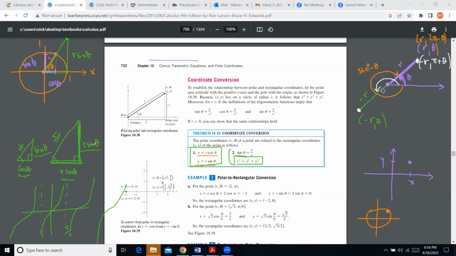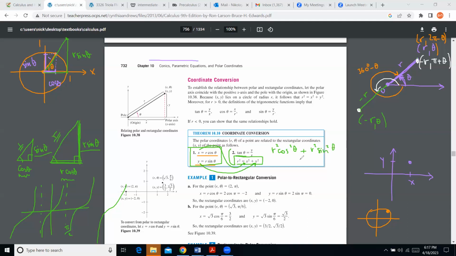Notice, instead of y, you put r sine, instead of x, you put r cosine, then you're going to end up with x squared plus y squared, which is r cosine squared, of course r is also squared, plus r sine squared.